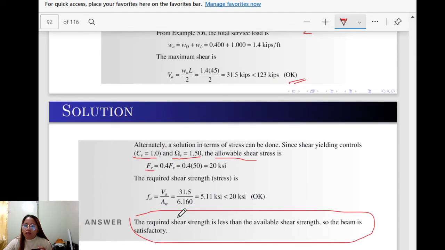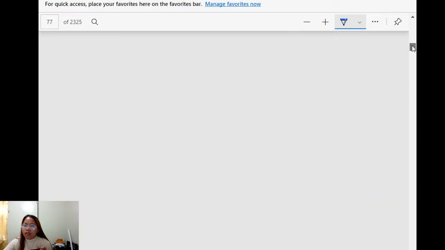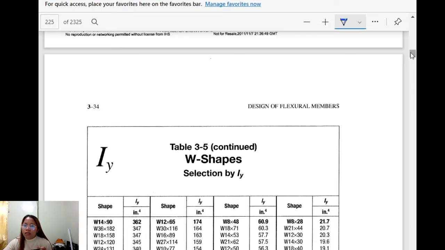Let us see. This is the values of the design shear strength and the allowable shear strength, in Part 3 of the manual, Table 3.